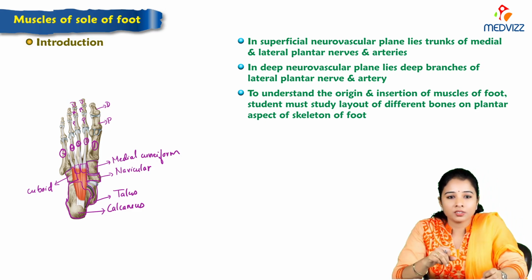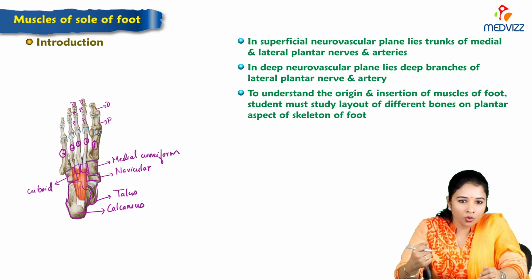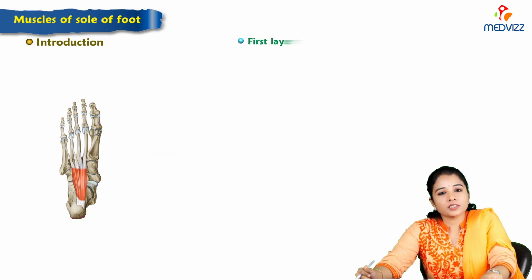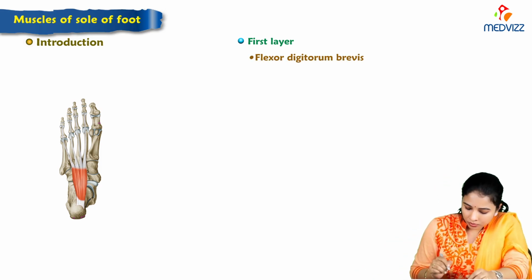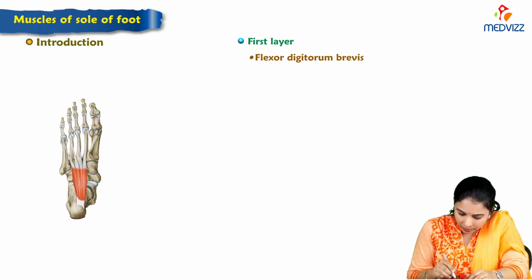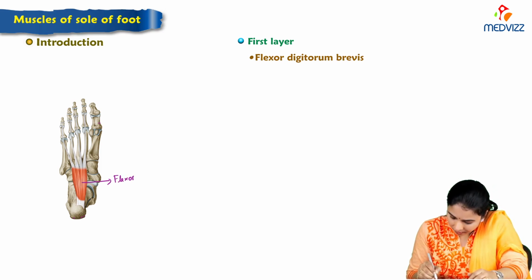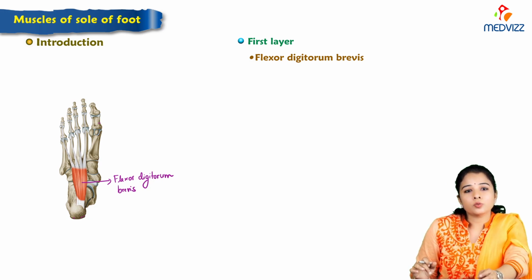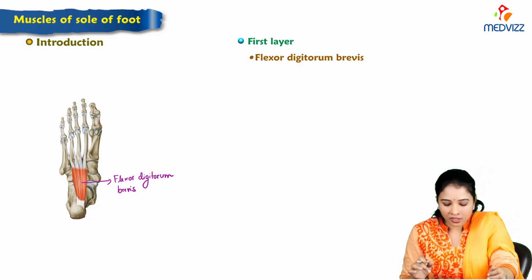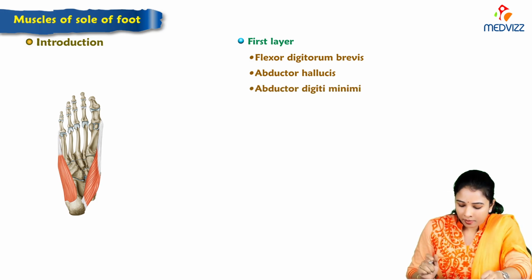Let's see the attachments of the muscles present in the sole of the foot. The muscles present in the first layer are flexor digitorum brevis, which splits into 4 tendons. The other 2 muscles present in the first layer are abductor hallucis and abductor digiti minimi.